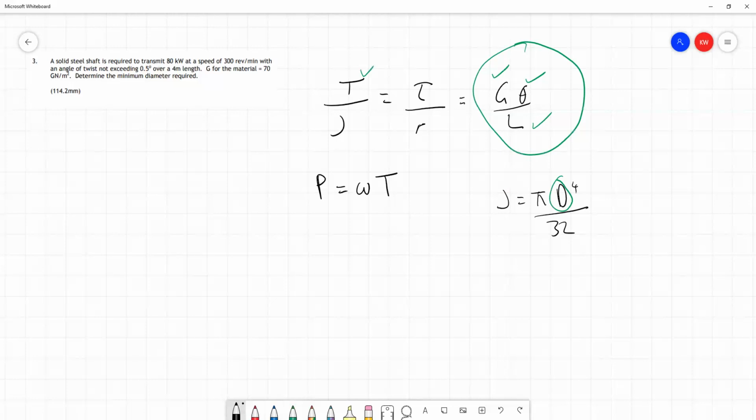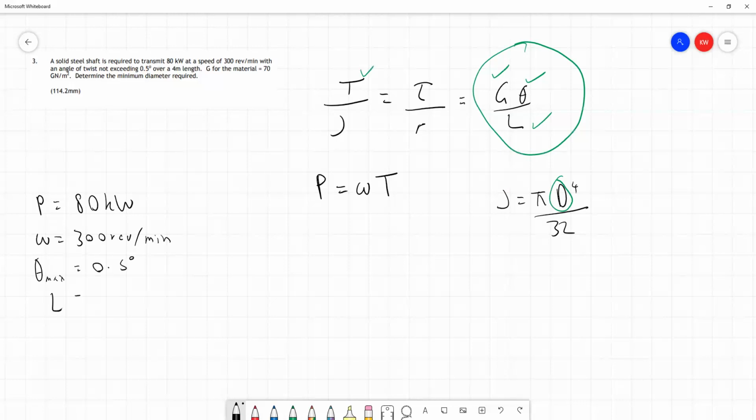The first thing to do in any question like this, where we've got lots of values given to us, is start to write them all down. So I'll make a list of them here. We're given power is equal to 80 kilowatts. Angular velocity is equal to 300 revolutions per minute. The maximum angle of twist we're allowed, call this theta max, just to remind me, is 0.5 degrees.